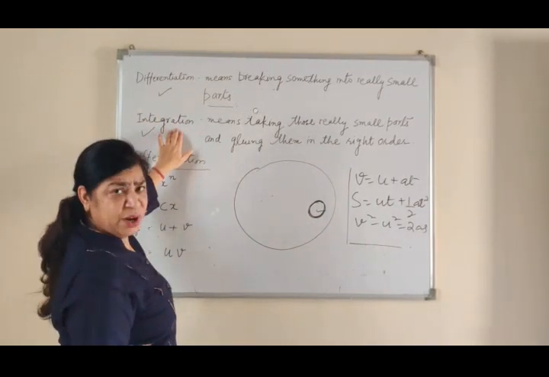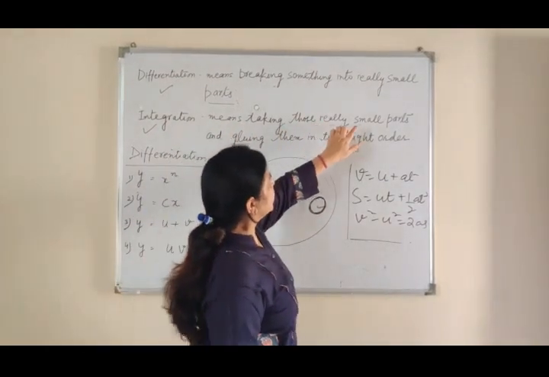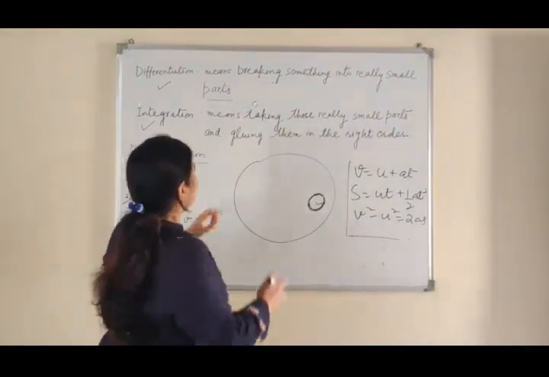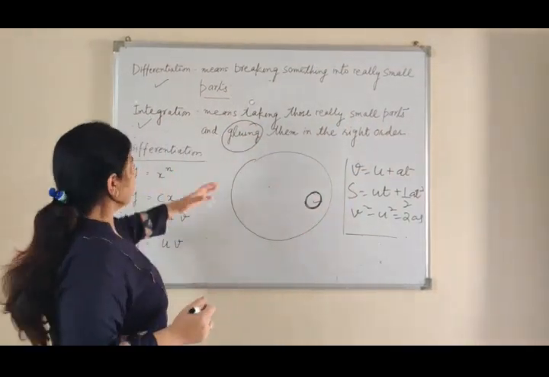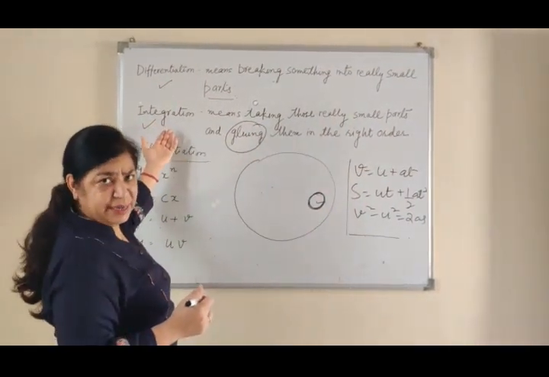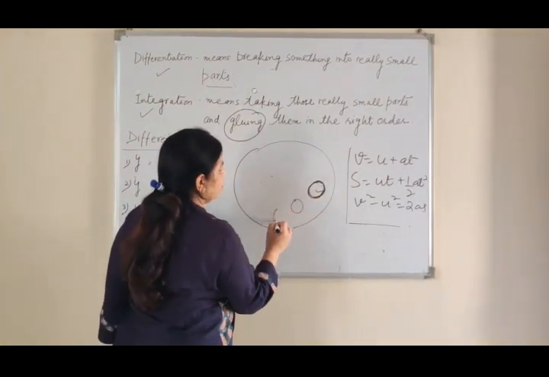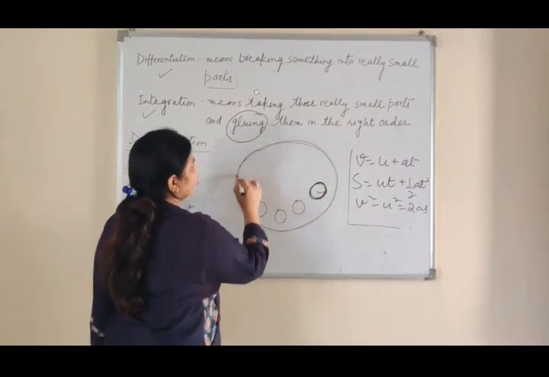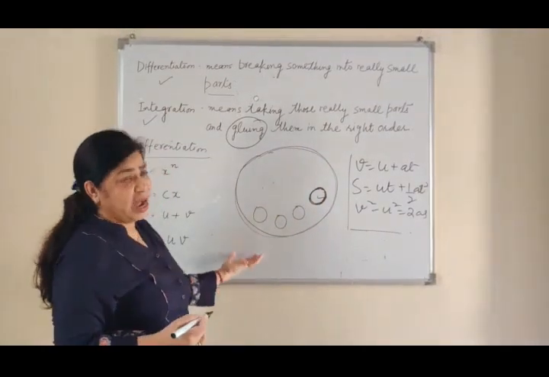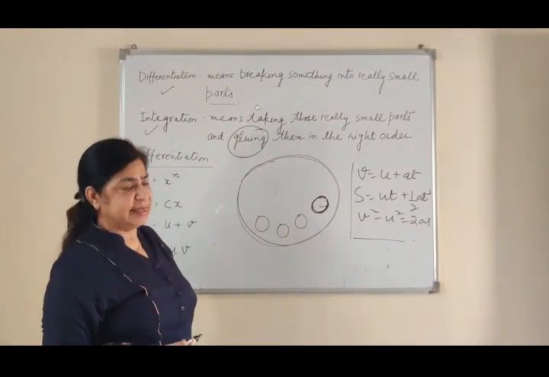Similarly, integration means taking those really small parts and gluing them in the right order. It means if we have the values over small intervals and we want to calculate the value of the physical quantity over a large interval, then we will have to do the process of integration.